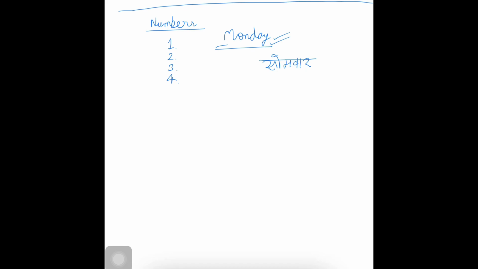But even if you are not aware of this particular word Somvar, the word Monday will take you through. So many such things exist. Our focus will not be on such things, because you should not waste too much energy or focus on remembering how to write numbers in Hindi, when you can easily go through with the normal, international usage.